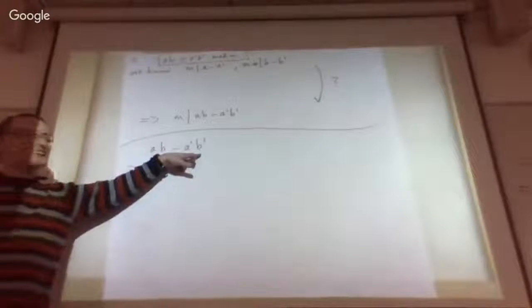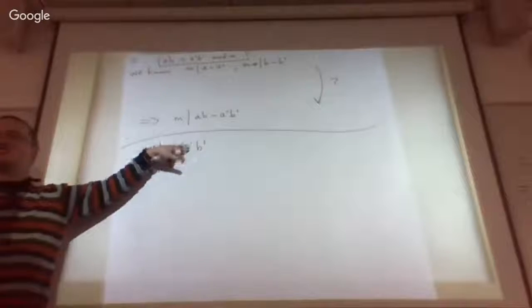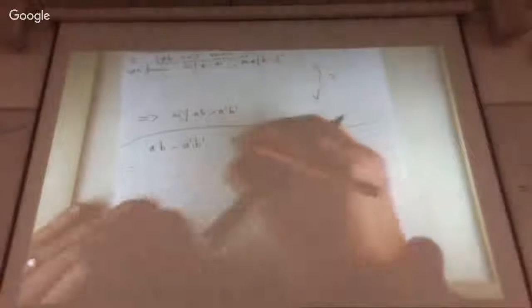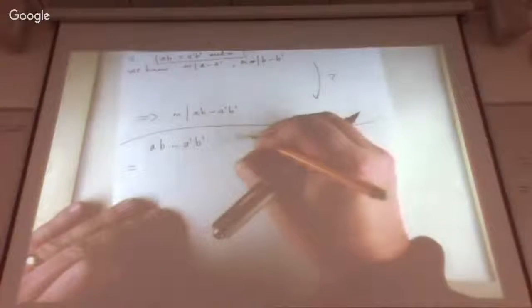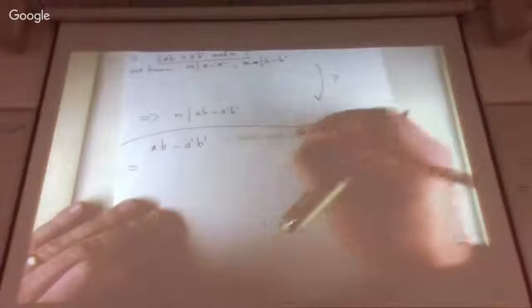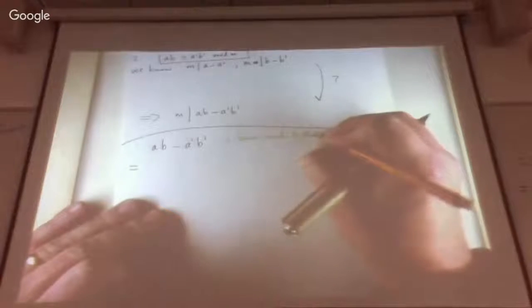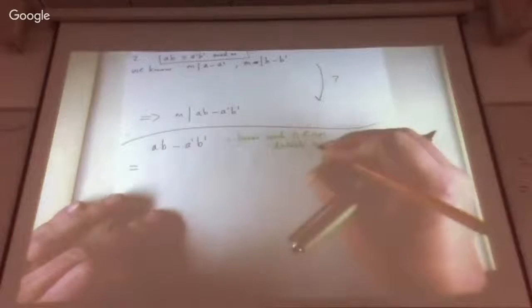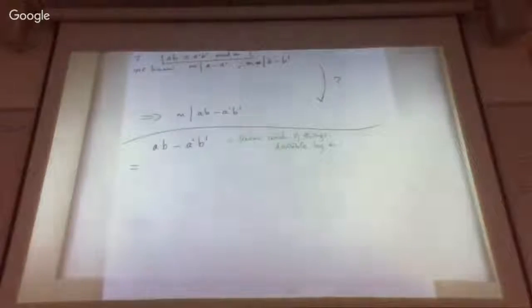I'm going to attempt to write this as, I'm looking for a linear combination of things divisible by M. Okay, that's what I want.